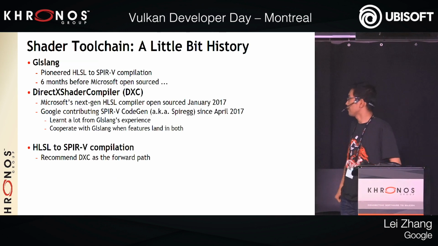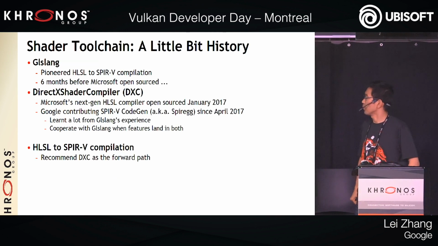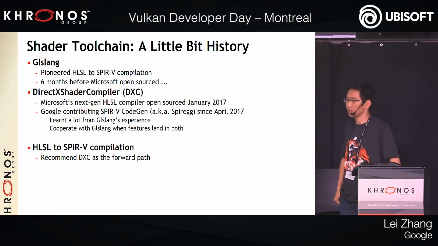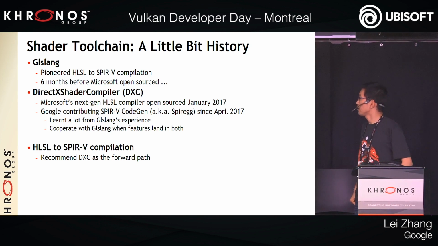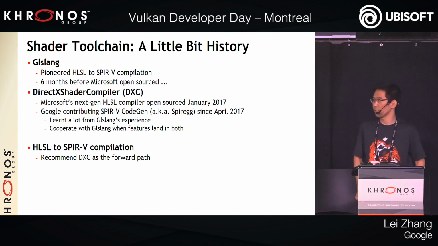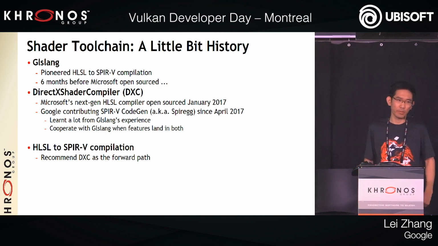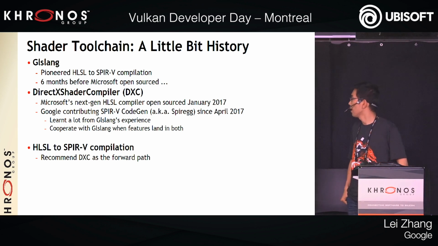Before diving into the details, I'd like to look back and talk about history a little bit. Translating HLSL into SPIR-V for Vulkan consumption was actually pioneered by Lei. That was 6 months ago, before Microsoft open sourced their next generation HLSL compiler DXC.